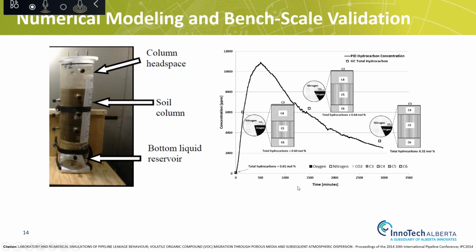So this project was done in 2014, and essentially this is a column. This is looking at a spill scenario, a leak from a pipeline simulated here. So this bottom reservoir was where the leak would be introduced, and then there was a soil column, and then there was headspace that was monitored by a PID and also with periodic GC samples.